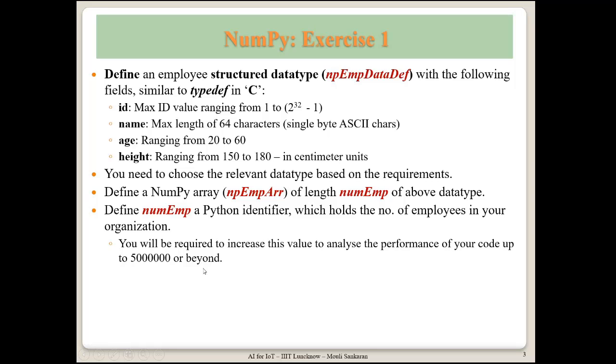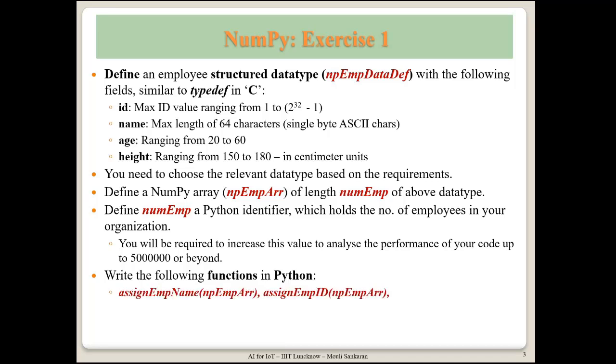So no problem. Don't worry about optimizing this value. You have to optimize only the array, because that is going to hold data of all the employees. But here I am going to create one integer object to hold the total number of employees in the organization. So you can use the integer variable for that, Python integer variable.